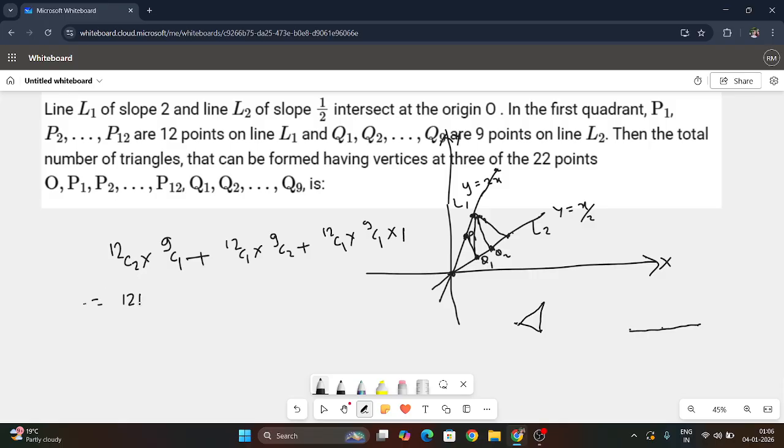So 12 factorial by 2 factorial and 10 factorial, times 9C1 which is 9, plus 12 factorial divided by 11 factorial and 1 factorial, that is 12, times 9C2. Oh, I made a little mistake.